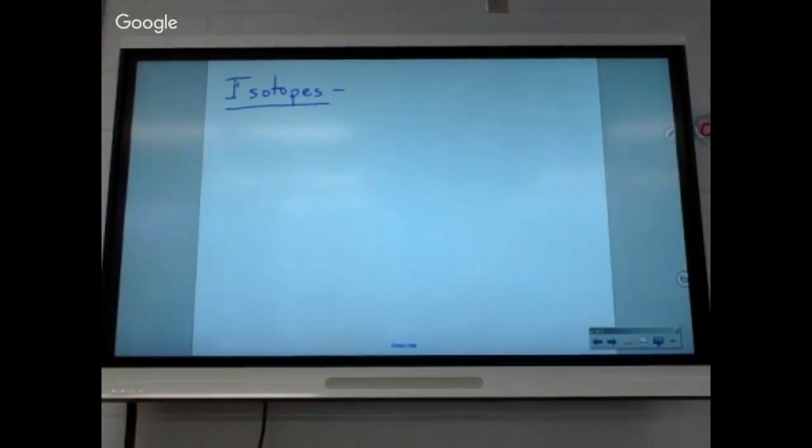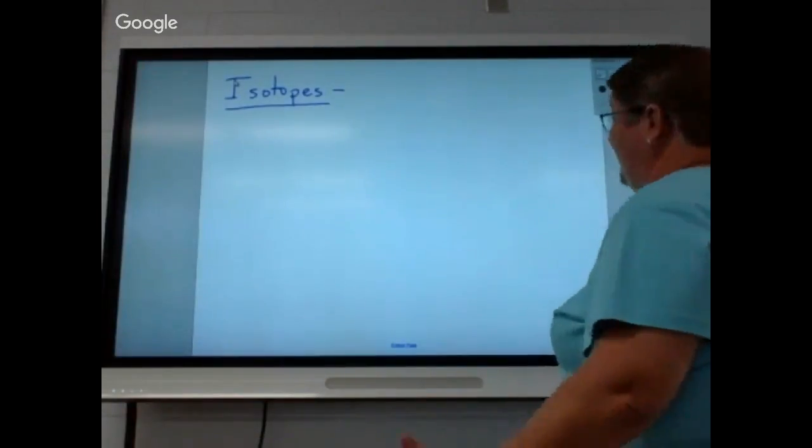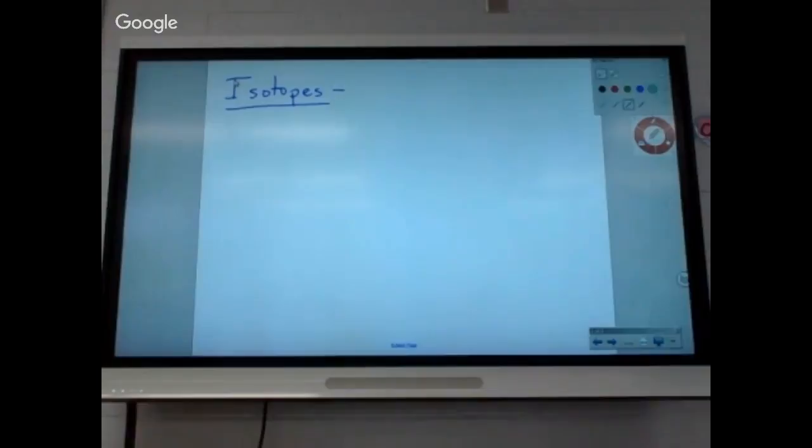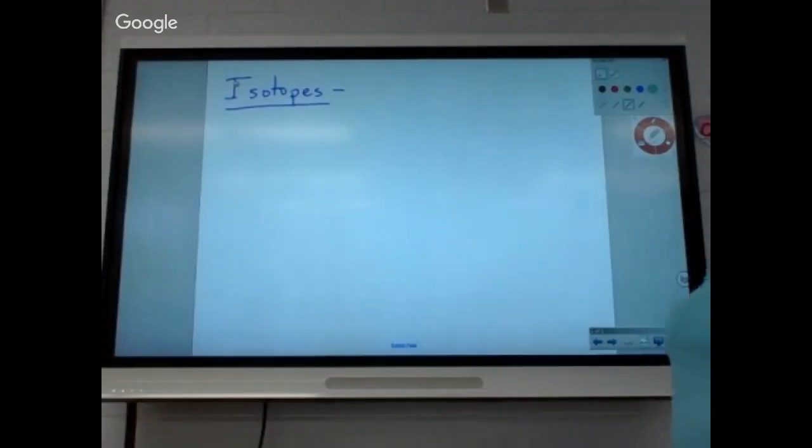All right. So, anybody talked about isotopes in another science class before? Anybody remember what it is? All right.